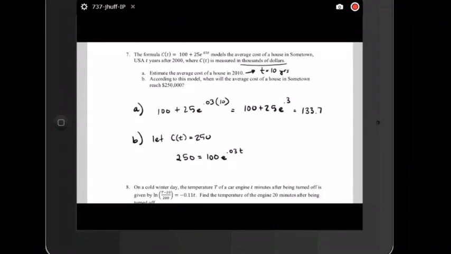And we're going to have to solve for t. So first of all, it would help if I wrote this equation right. 100 plus 25e to the 0.03t. There we go. So subtract 100.